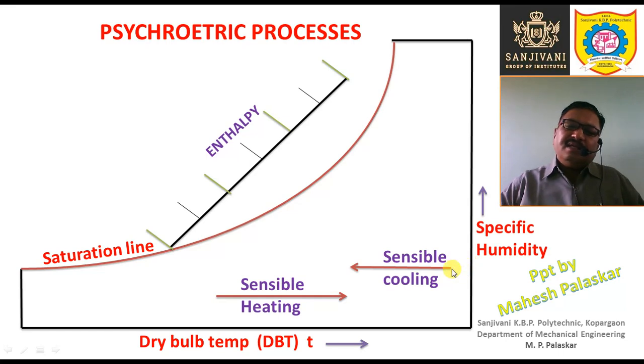But the sensible heat is reduced, or the sensible enthalpy is reduced. So this is the sensible cooling process in which the dry bulb temperature is reduced but the specific humidity doesn't change.